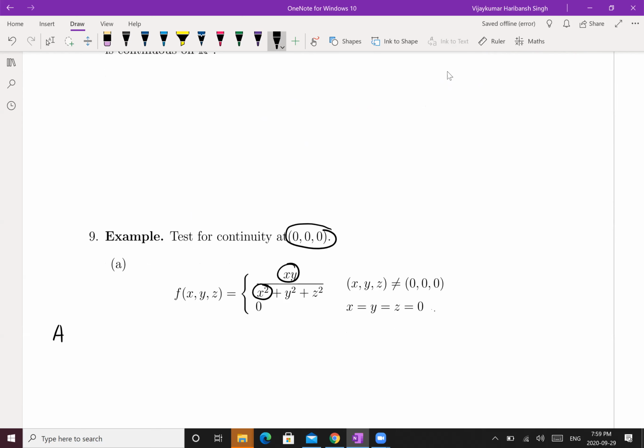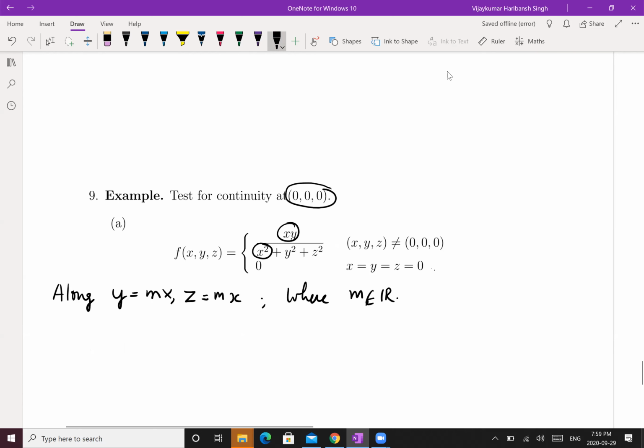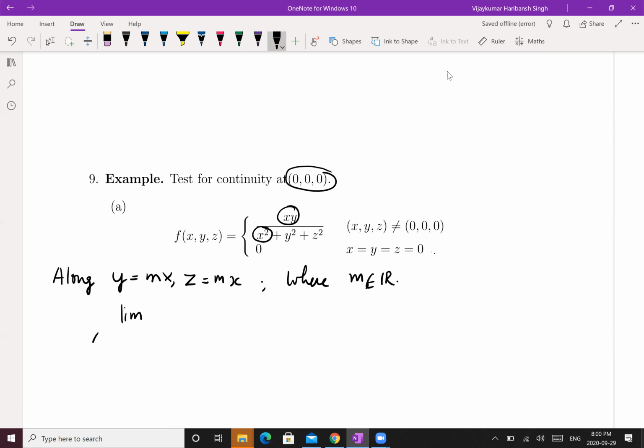So along, now in 3 dimensions, we can take y equals mx and z equals mx, where m belongs to R. We get the limit as (x, y, z) goes to (0, 0, 0) of f of (x, y, z).